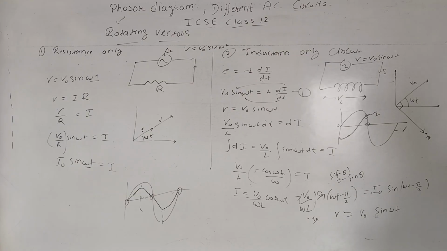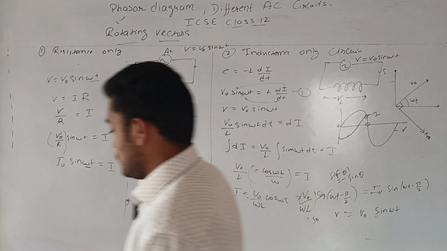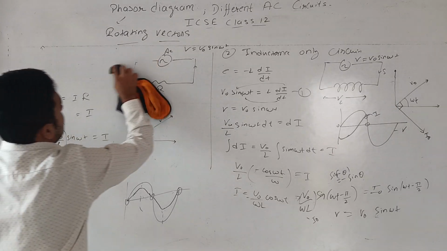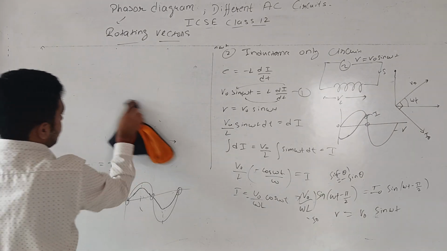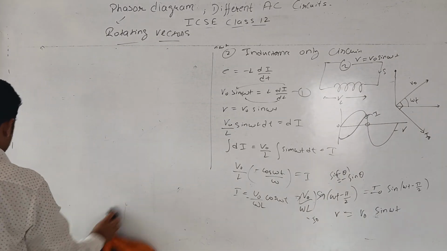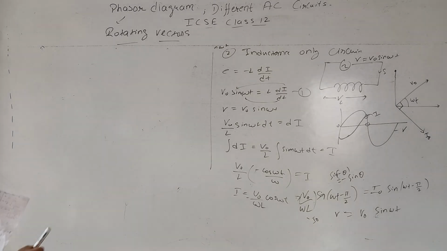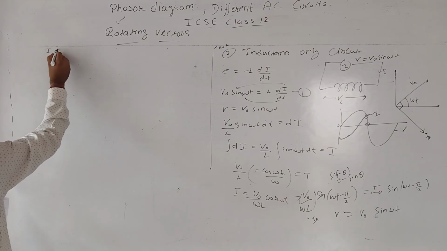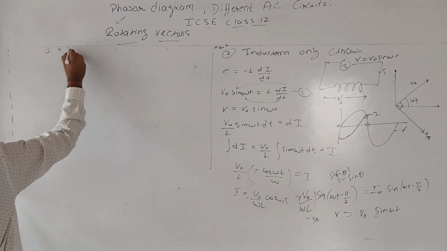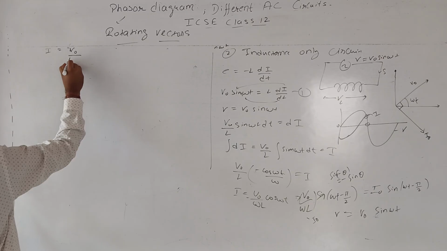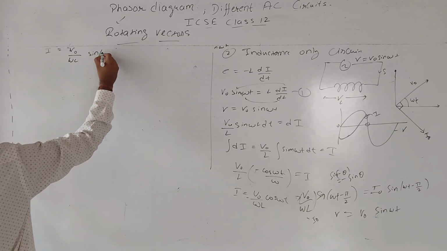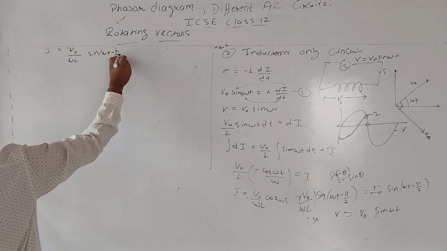One more thing we can do here is find the inductive reactance. What is the inductive reactance? As we know, here we have I equal to V naught by omega L sin omega t minus pi by 2.